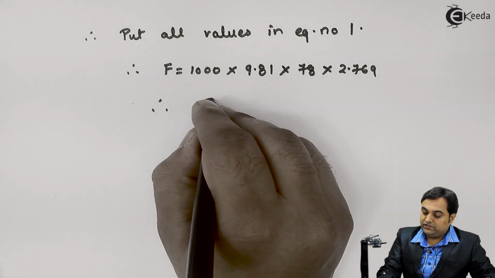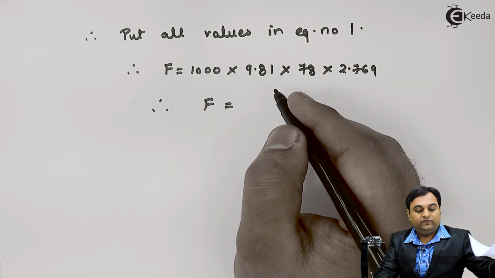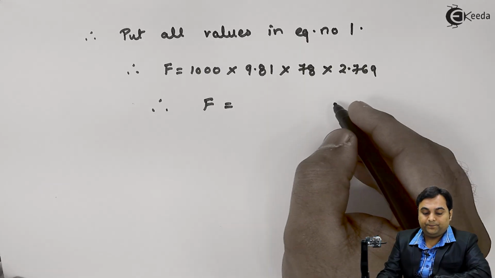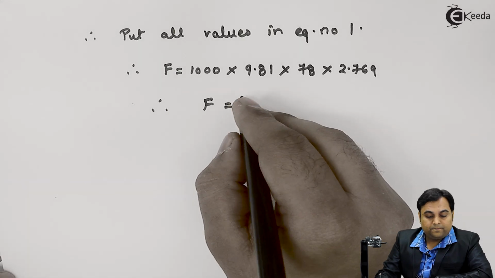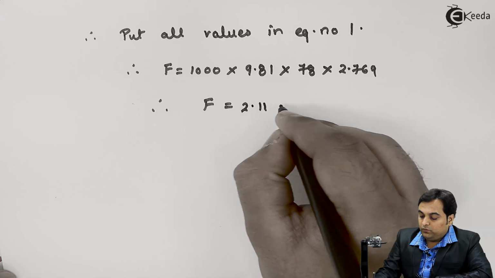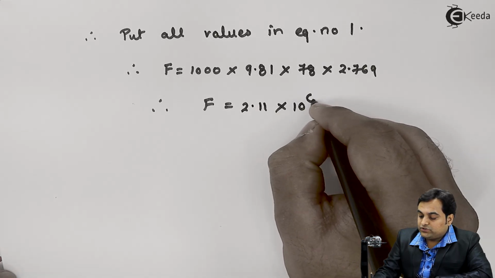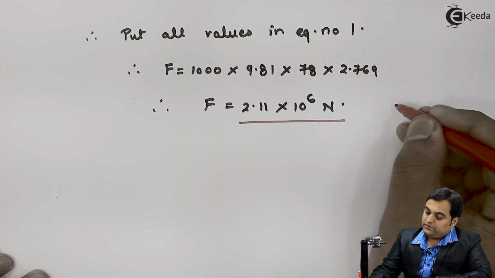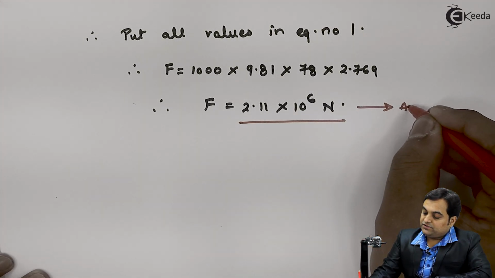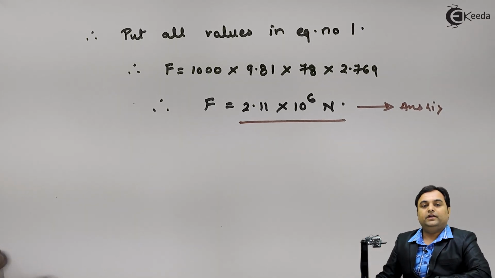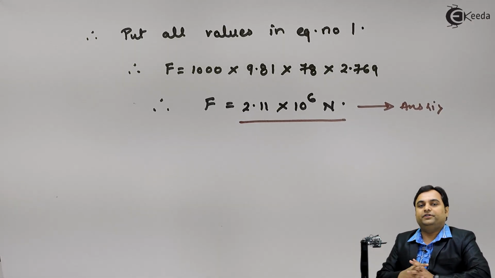So from this, if I calculate my answer of F, that is the hydrostatic force, it comes out to be 2.11 into 10 raised to 6 Newton. This is my first answer. That is the value of hydrostatic force exerted by water onto the trapezoidal channel.